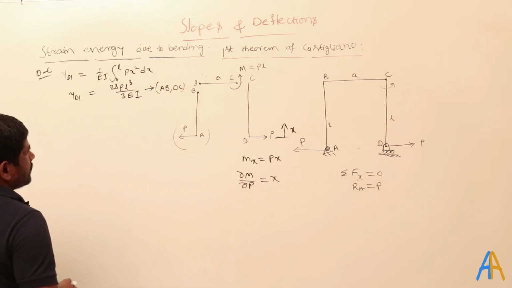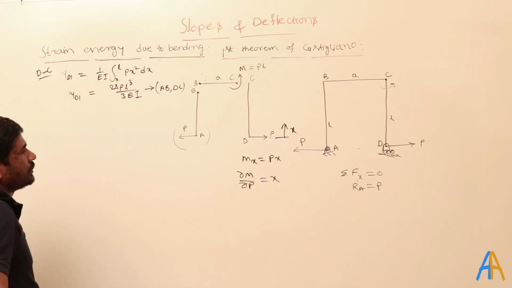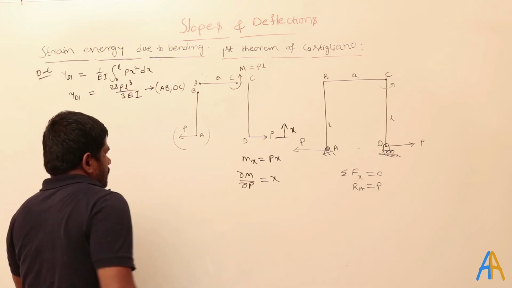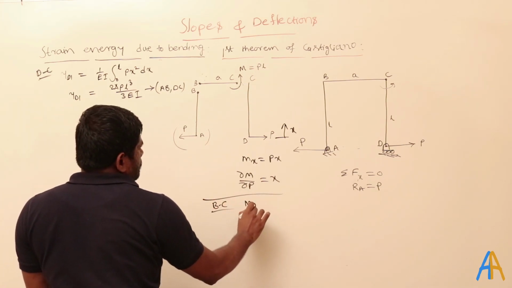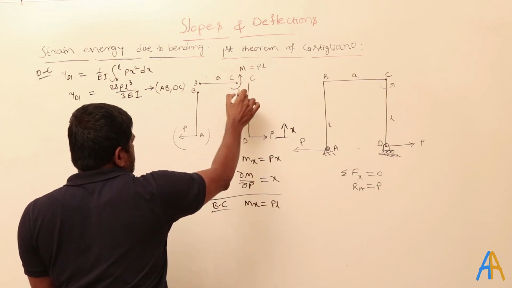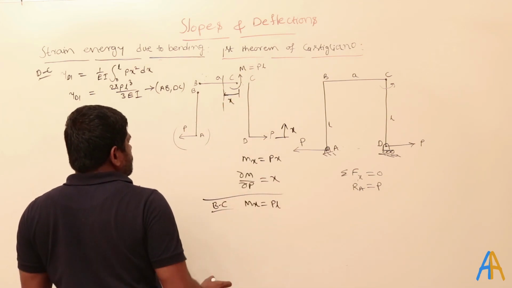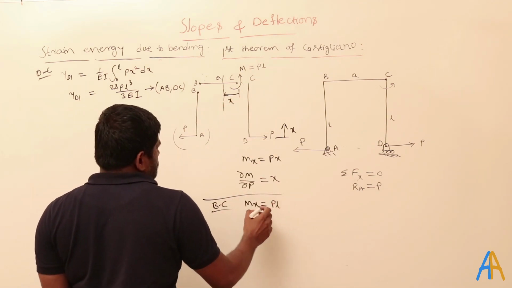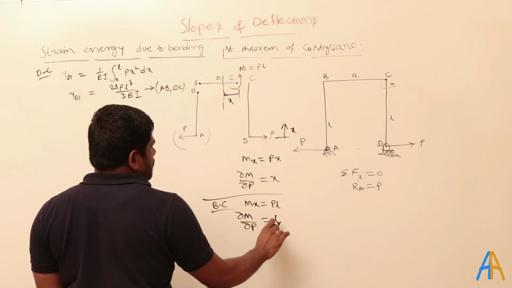And if you take BC, for BC, M is P into L. For BC, Mx equal to P into L. For example, if I start from here and take any cross section x, that is M equal to P into L, and ∂M/∂P is nothing but L here.